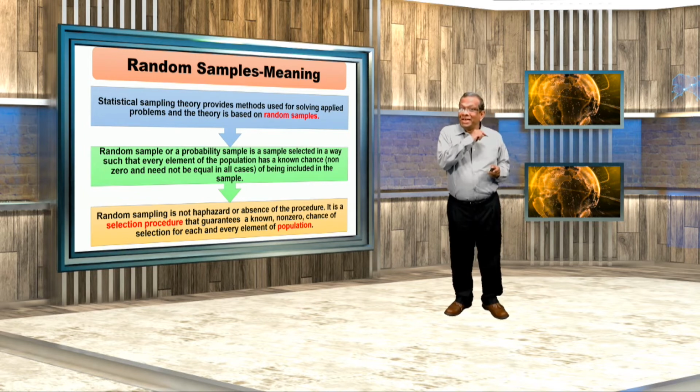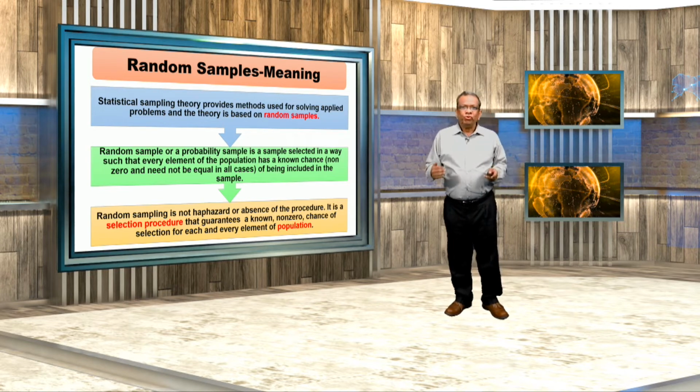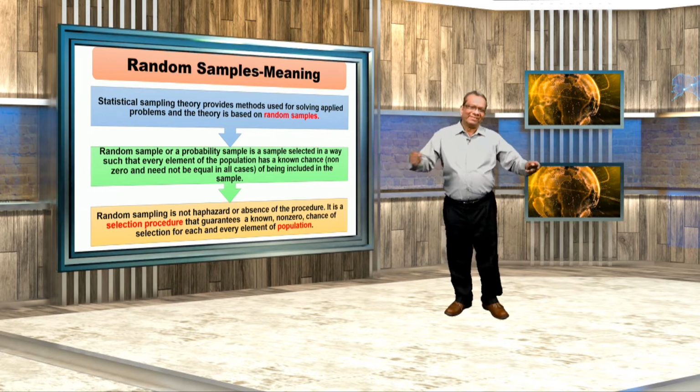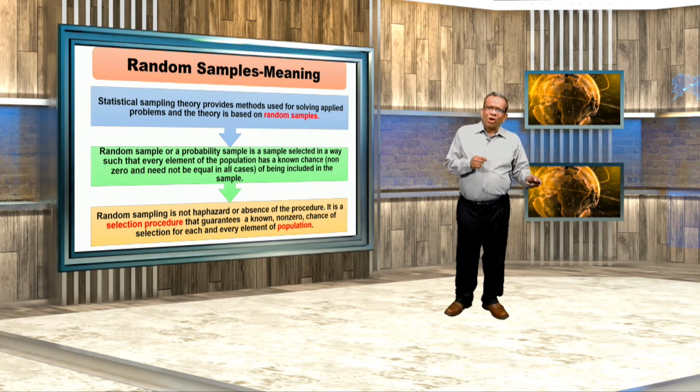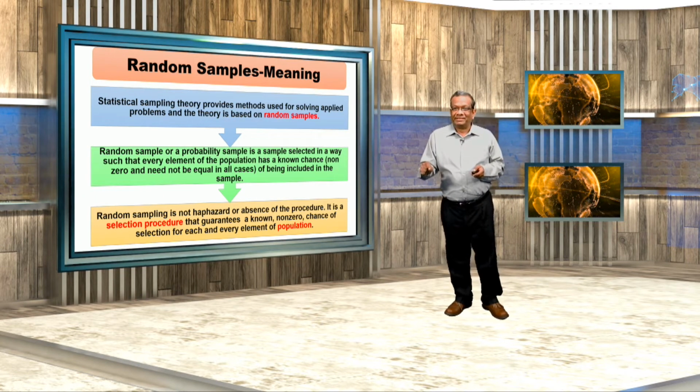Let us understand the meaning of random samples, very important. Statistical sampling theory provides methods used for solving applied problems, and the theory is based on random samples. A random sample or a probability sample is a sample selected in a way such that every element of the population has a known chance, that is non-zero and need not be equal in all cases, of being included in the sample.